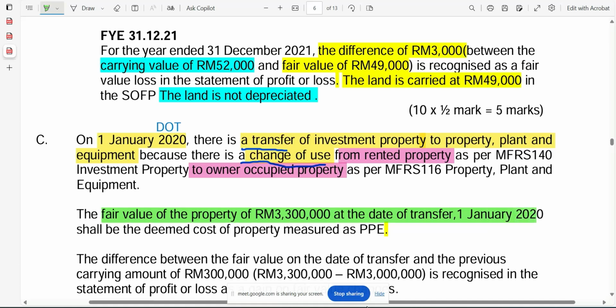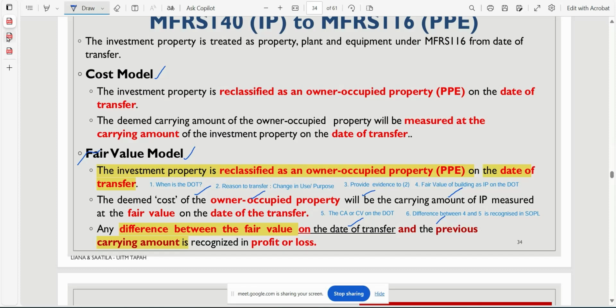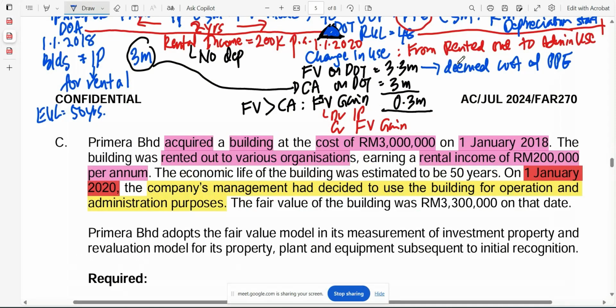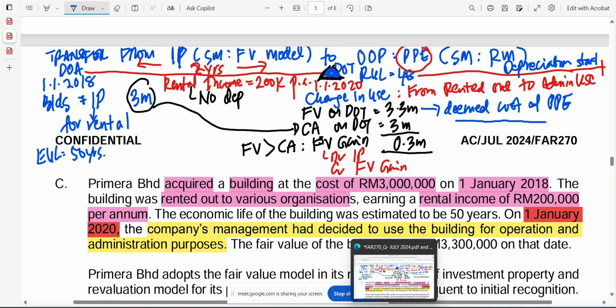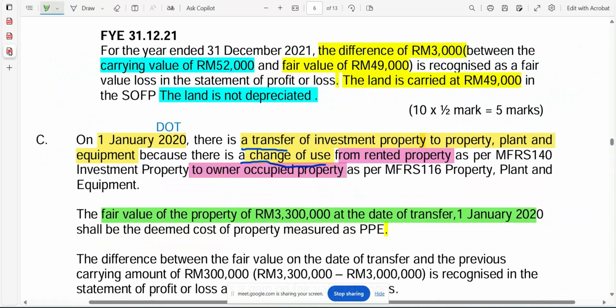I have mentioned earlier in the working section that this will be the deemed cost of the PPE. So therefore, you have to explain that in the sentence. It shall be the deemed cost of the property measured as PPE, because from 1st January 2020, it is a PPE.